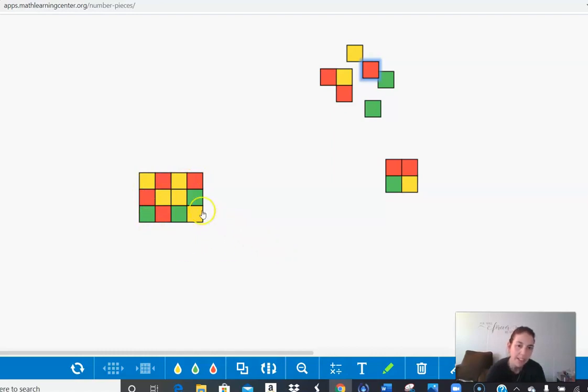What could we do to make this a square? Could we take one row off and put it here? Does that make a square? Or is that going to give us another rectangle? That gives us another rectangle.